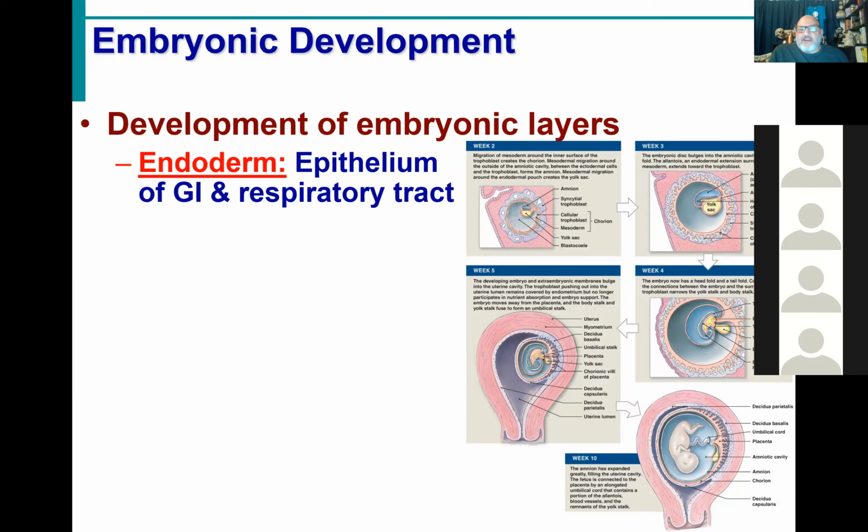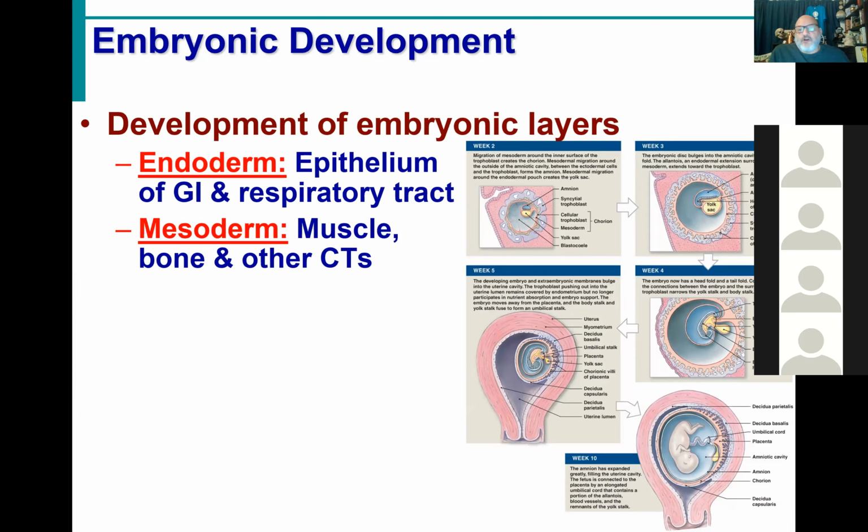We have the innermost layer, the endoderm. When it invaginates and turns itself inside out, it is going to become basically the outer surfaces of the baby, forming the epithelium of the gastrointestinal tract and the reproductive tract. So again, remember, those are all systems that are open to the outside world.